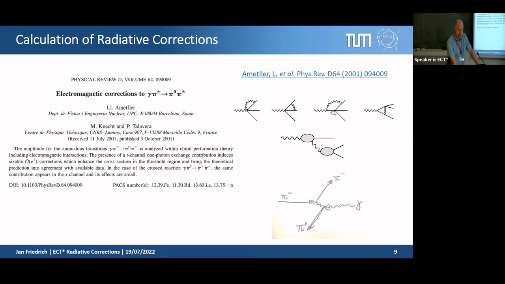So photon loops on the one hand, and then of course the real corrections with photon radiation from the charged arm on the other hand.